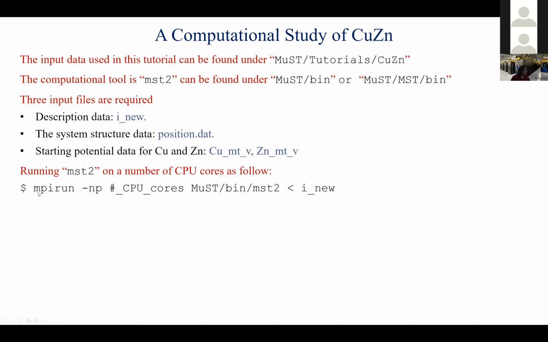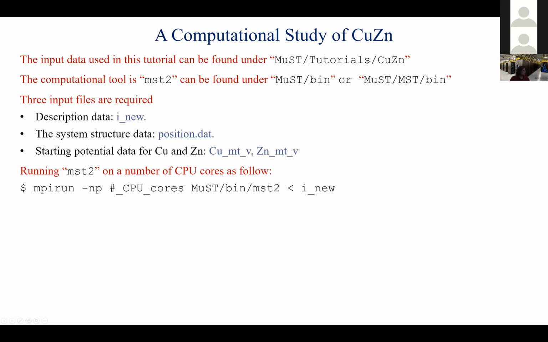This is just the fundamental command to start the process. The -np option tells how many CPU cores you're going to use to run the calculation. The more cores you use, of course, the more highly parallelized it is, and the less time you're going to use to run the calculation. So this is the real executable you try to run.